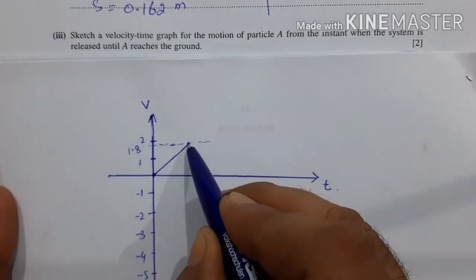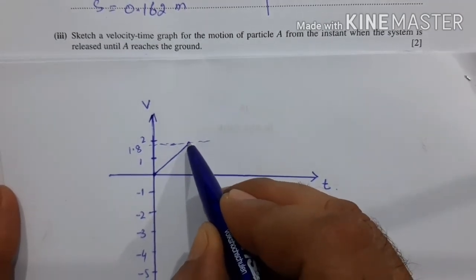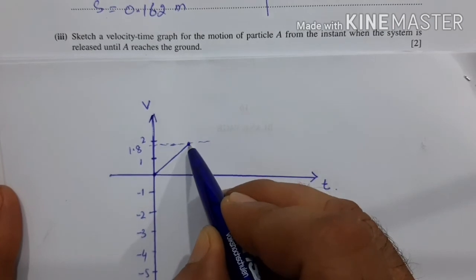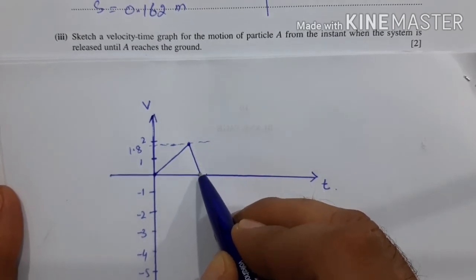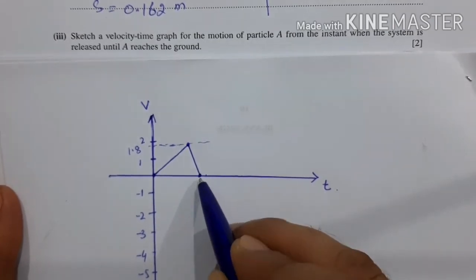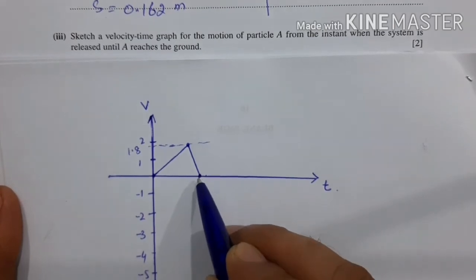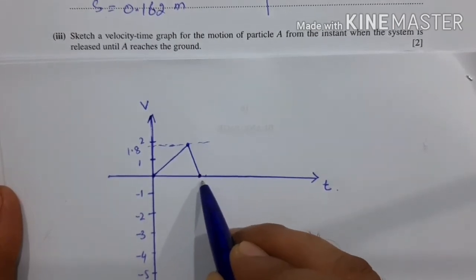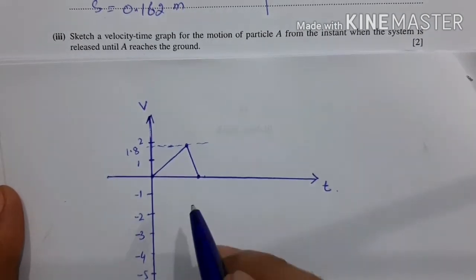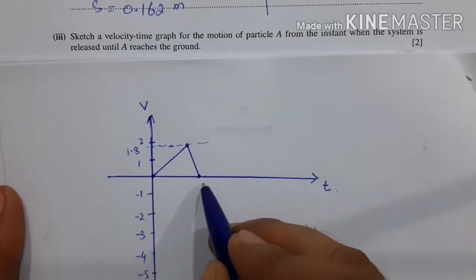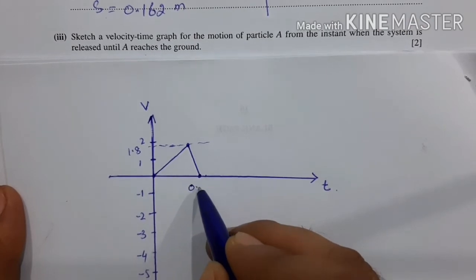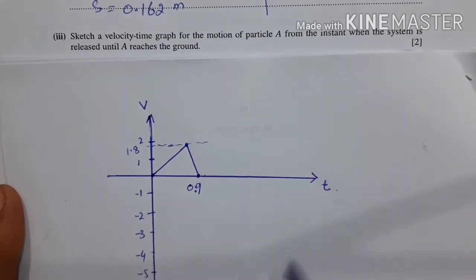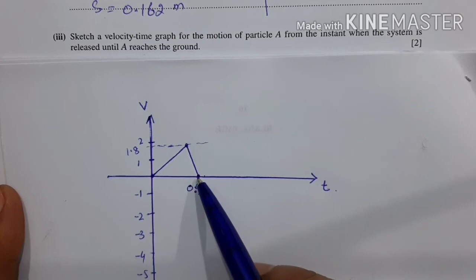When the string breaks, the particle decelerates for some time and then stops at the highest point. This is the highest point, and this was like 0.9 seconds. So at this point the particle was at the highest point.